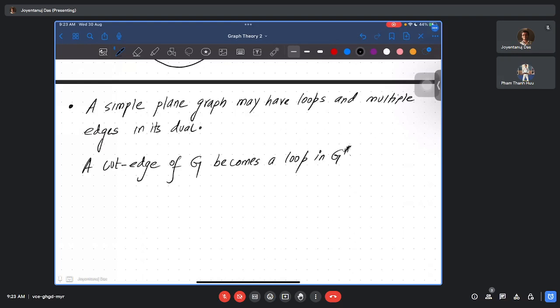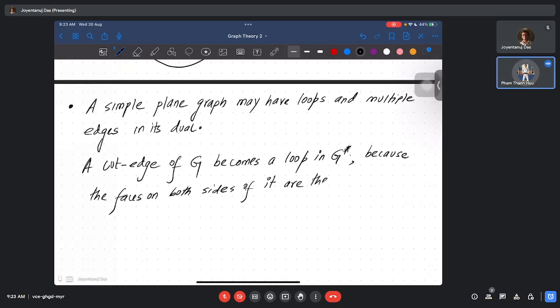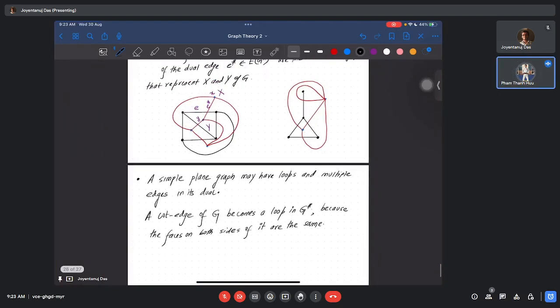I think this is clear, because the faces on both sides of it are the same. So that's why it becomes a loop, right? For example, here there is a cut edge, so that's why that is occurring.